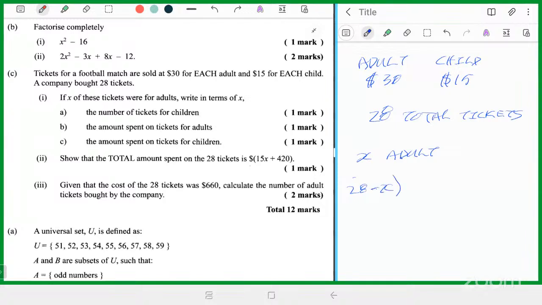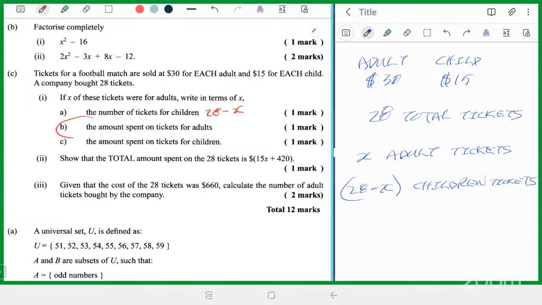Agreed? If it's 28 tickets in total, and x of them is for adults, then 28 minus x must be the remainder, which must be for the children, right? So the number of tickets for children is 28 minus x.